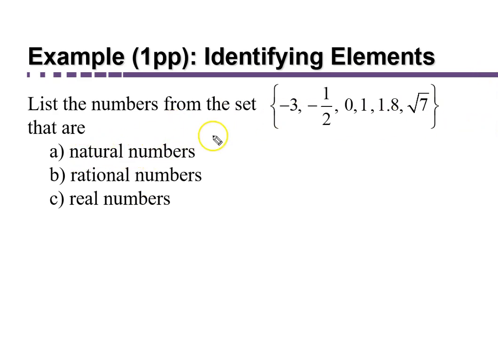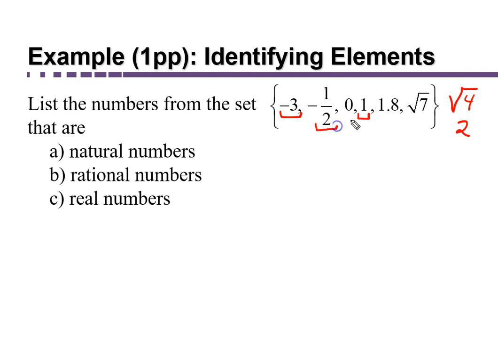And let's look for natural numbers first. No, no, no. This is no and no. Remember, this is not a perfect square. If we had the square root of 4 here, that would be a natural number because that would simplify to 2. But when it's not a perfect square, it's irrational. So how about the rational numbers? Well, this is rational.